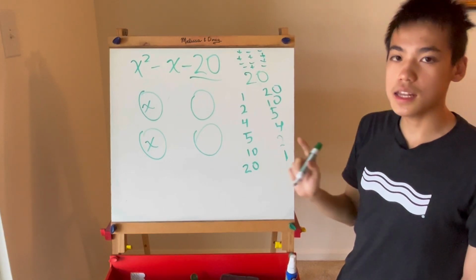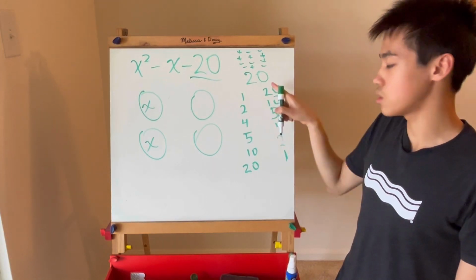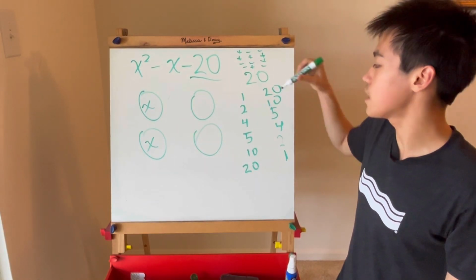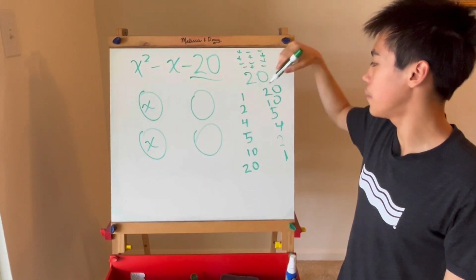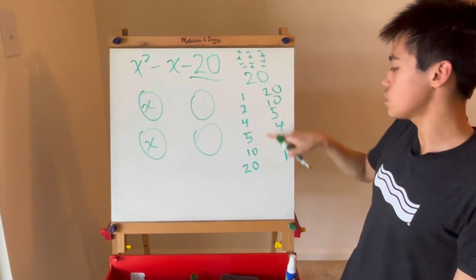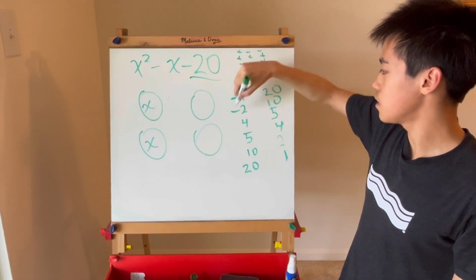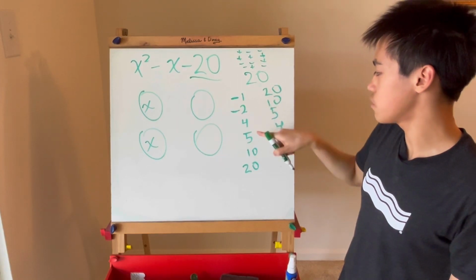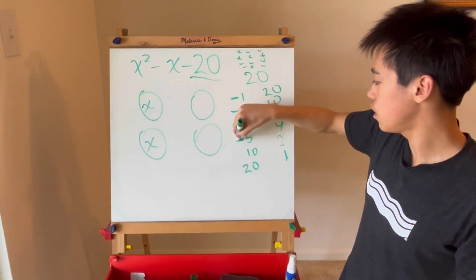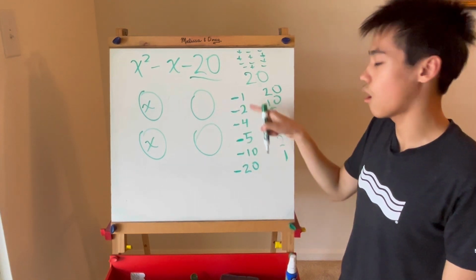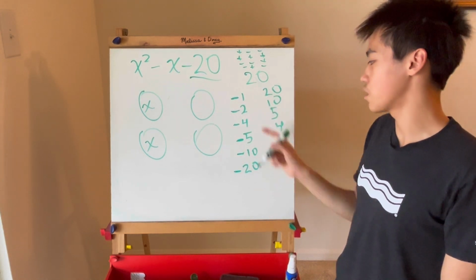So we need exactly one of these numbers in each pair to be negative. So we can just simply say that the first number in each of these pairs is negative. So we can say that -1, -2, -4, -5, -10, and -20 are all in the first column.